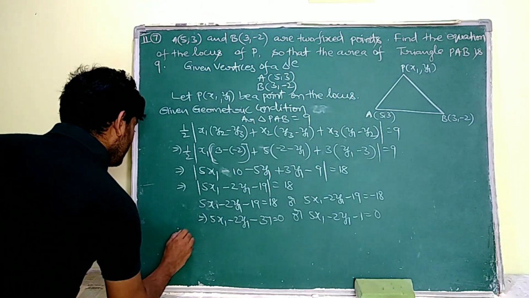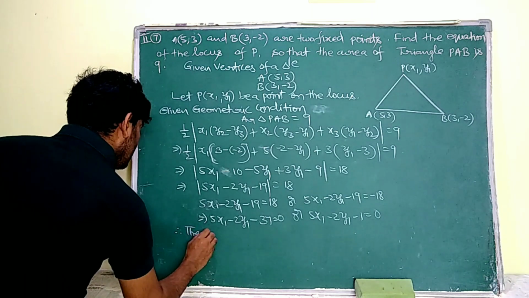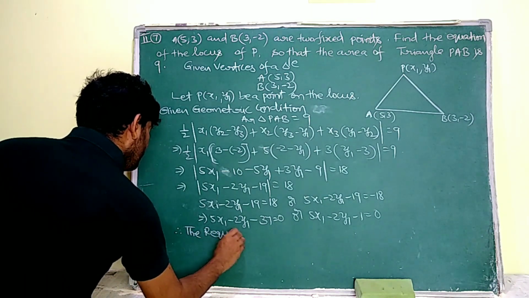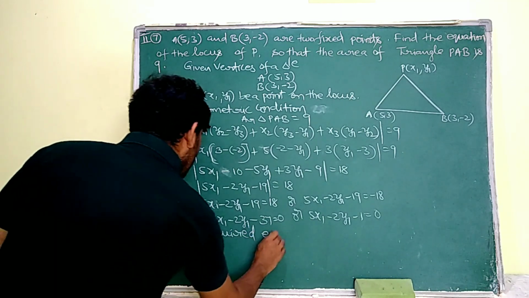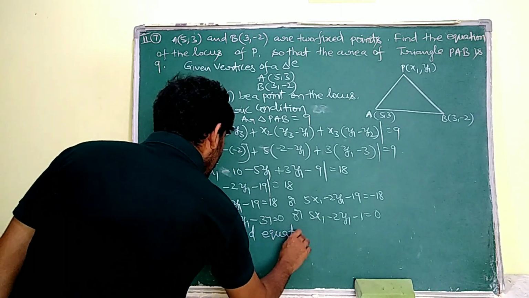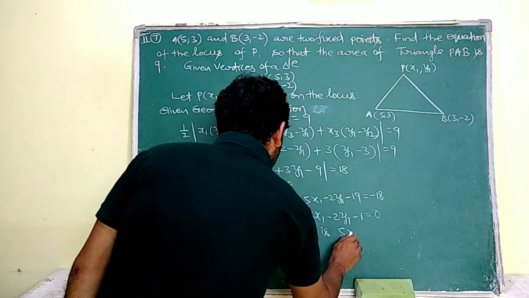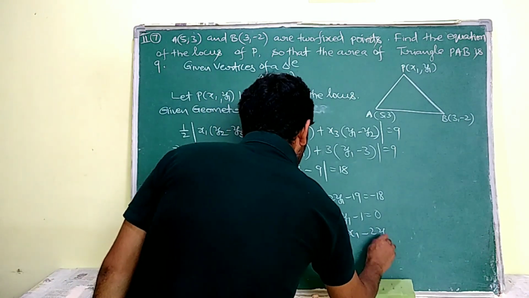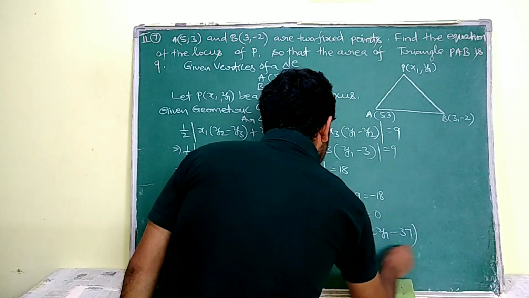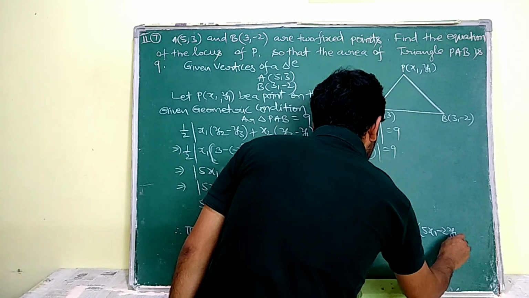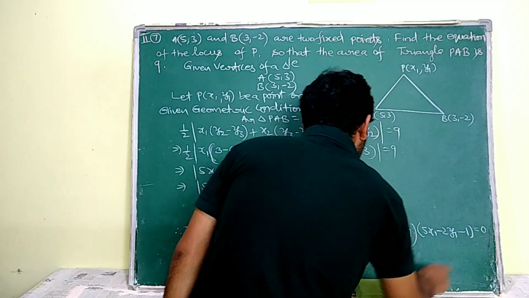Therefore the required equation of the locus, firstly I am going to write, is (5x1 minus 2y1 minus 37) into (5x1 minus 2y1 minus 1) is equal to 0.